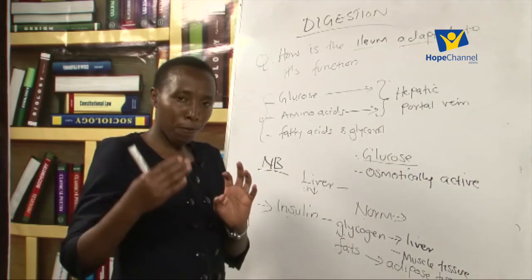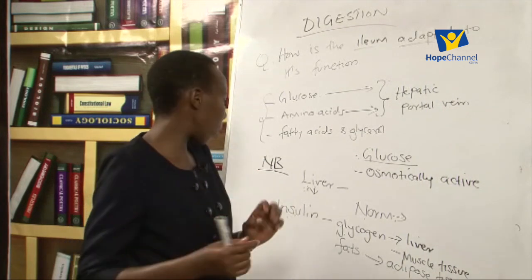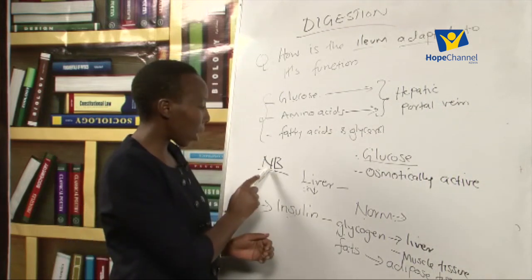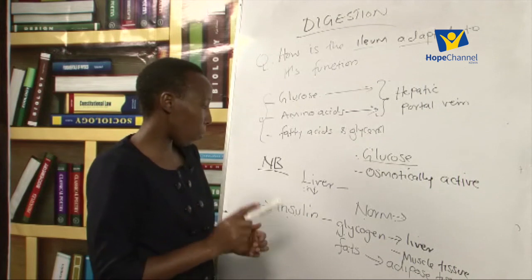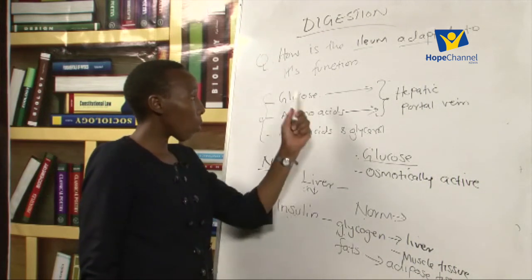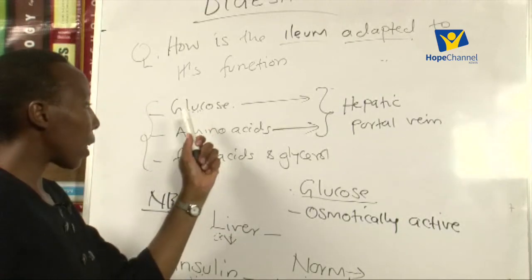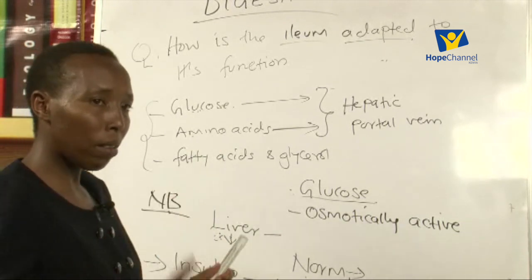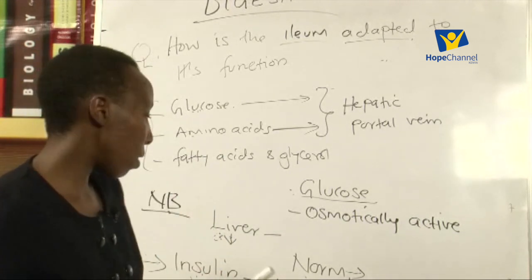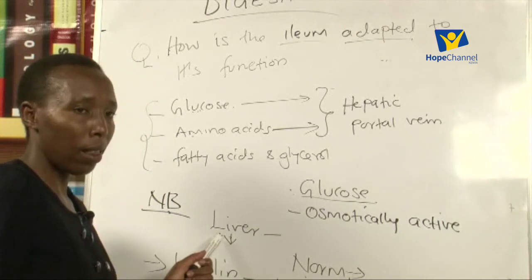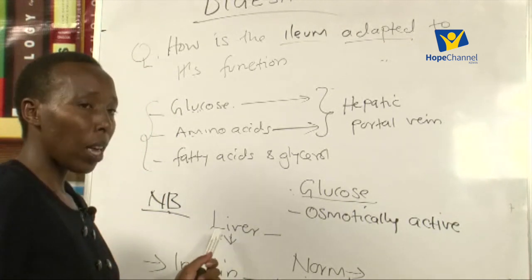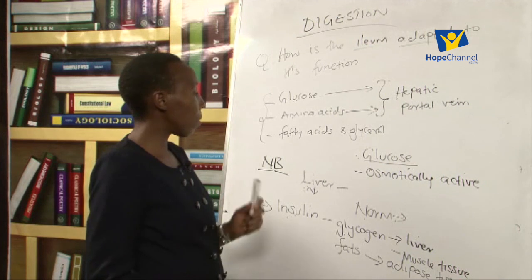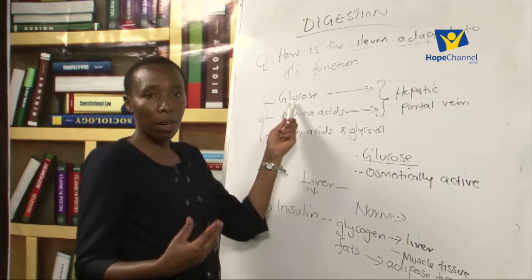And of course, there is something that we noted, that as much as they diffuse and then finally get into the bloodstream, there is something very keen that we need to take note of. Number one, the glucose and amino acids, before they join the whole blood system, must pass through the liver. And I have explained why glucose must pass through the liver.